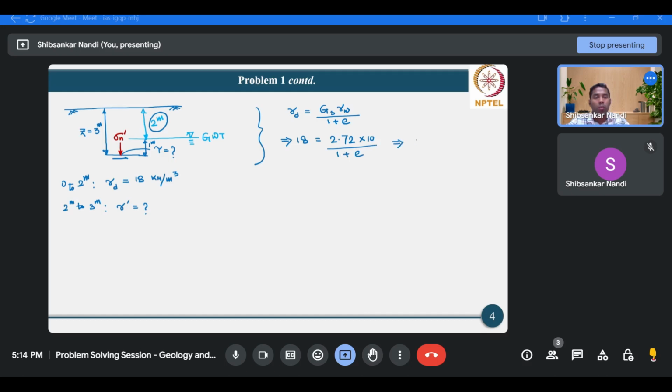So from this equation we can get the value of 1 plus e as 18 divided by 27.2, that is 0.662, so the void ratio would be 1 minus 0.662, that is 0.338.